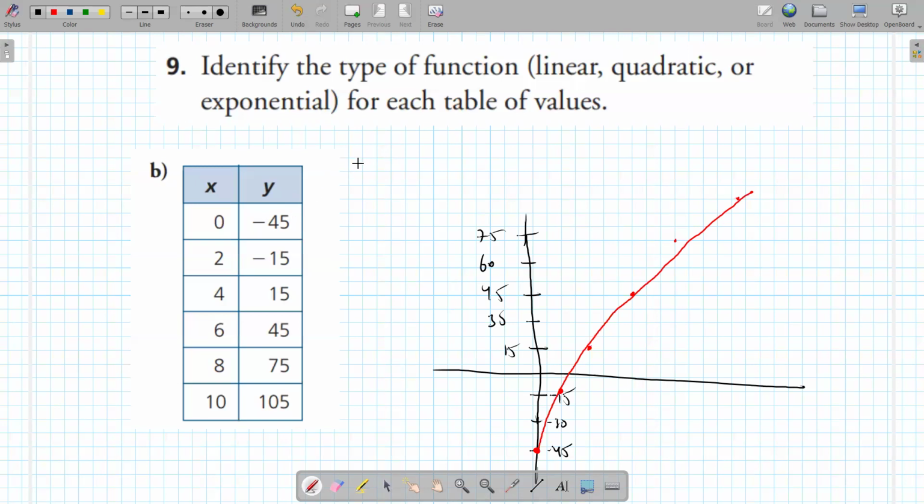To know the type of function it is from a table of values, you need to find the first differences. And we're kind of only concerned with the y values here. We're going to find the difference between the y values.